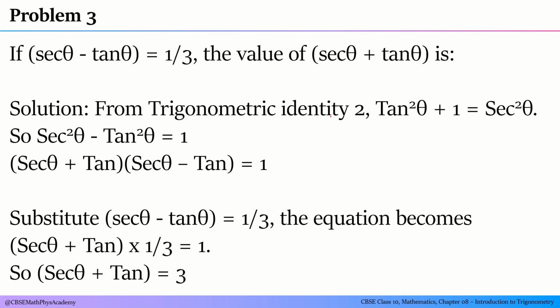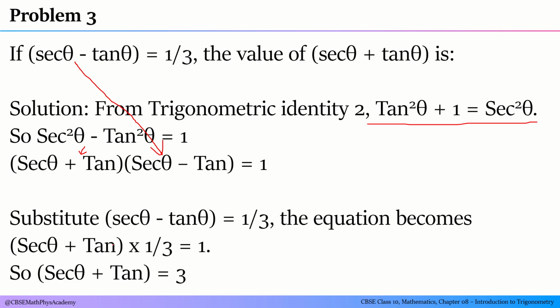We are going to write as the solution: identity 2, tan square theta plus 1 is equal to secant square theta. When you rearrange, it becomes secant square minus tan square is equal to 1. This you divide as (sec theta plus tan theta) into (sec theta minus tan theta) is equal to 1. You know the value of sec theta minus tan theta is equal to 1 by 3, so you substitute that value.